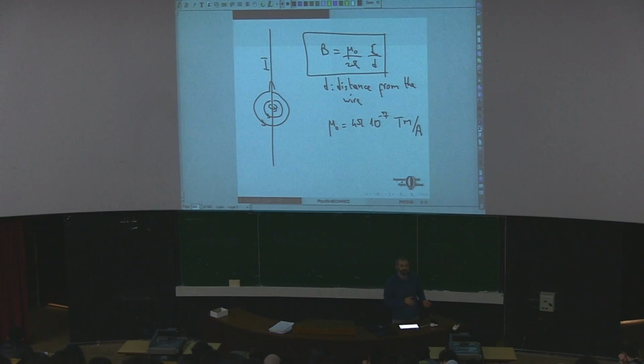Now, in electrostatics, we had Gauss's law, from which we could derive the analog in electrostatics. Now, what do you think would be the similar Gauss law in magnetic fields? Okay, 0. Why?